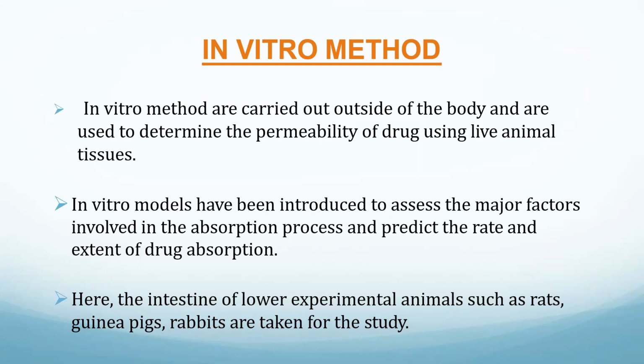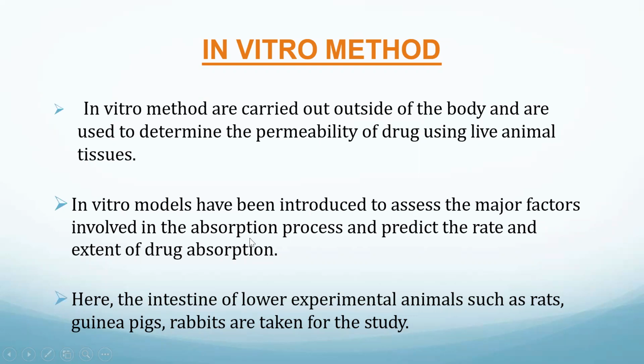Why are we using animal tissues? These assess the major factors involved in the absorption process, and by using these methods we can predict the rate and extent of drug absorption. We can predict the bioavailability.